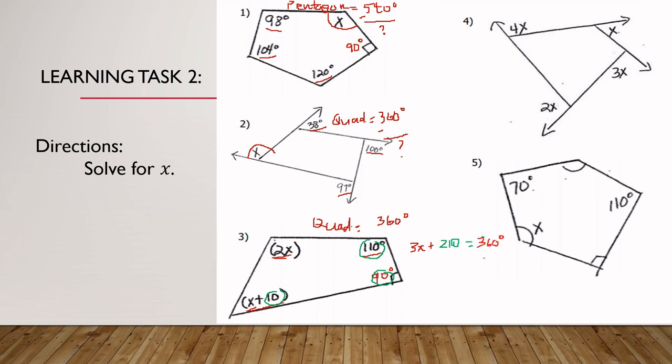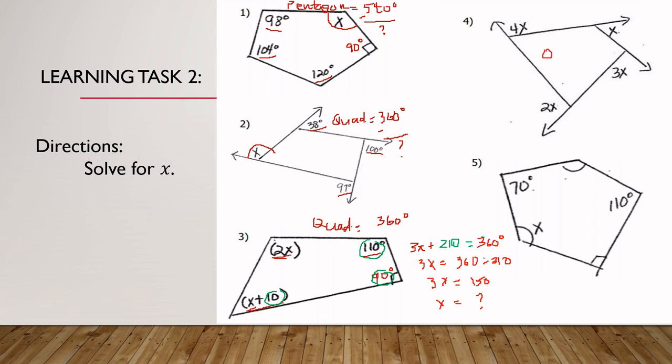So how to solve for x? So we have 3x equals 360 minus 210. So 3x equals 150. Then divide by 3. Divide by 3. The answer is what?